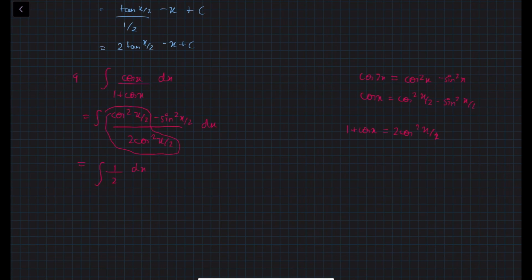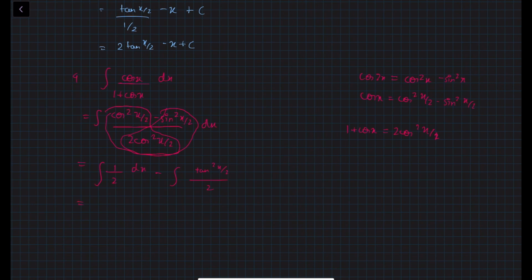And right, and for there it becomes minus of tan squared x by 2 over 2, since this is what is there.